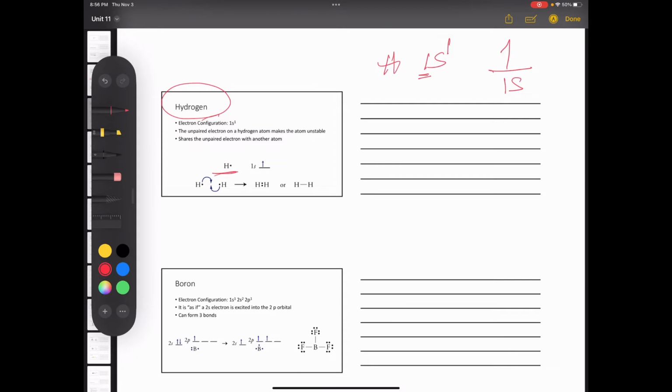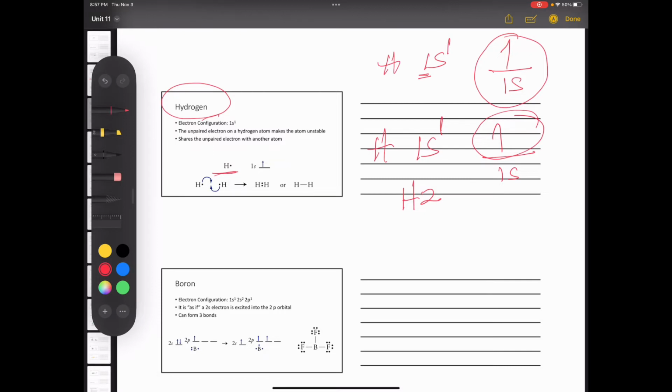And the point of covalent bonding, again, is that we are trying to bond or pair the valence electrons. So in this case, we have one electron here, and we have another hydrogen atom that has only one electron again, so it has the 1s with one electron. What happens in this case is these two electrons will pair together to form H2.